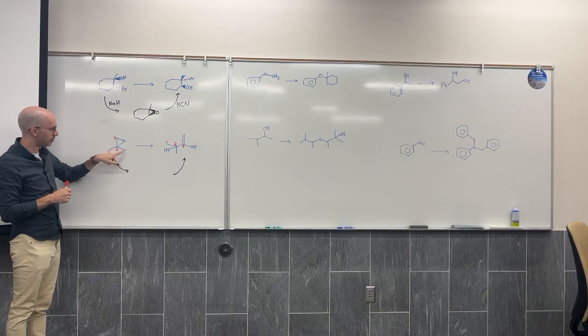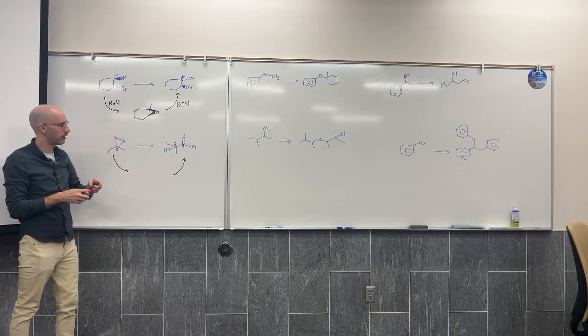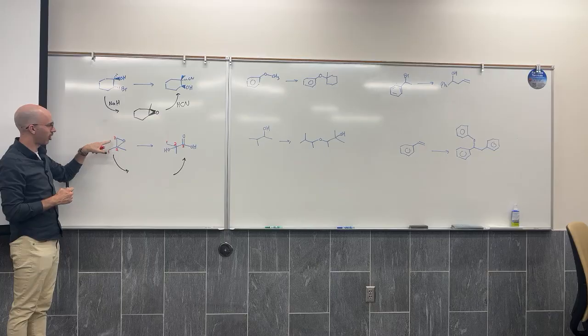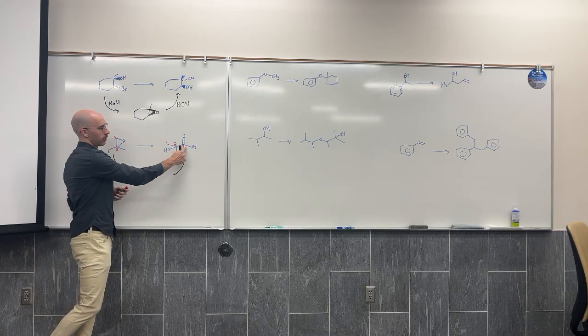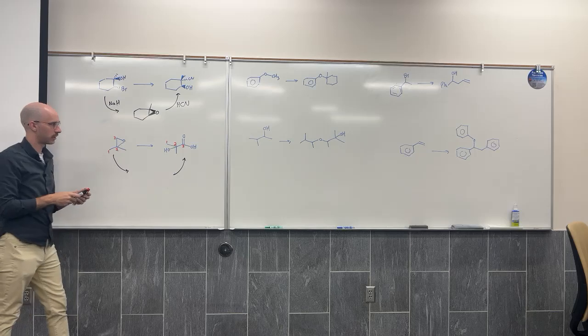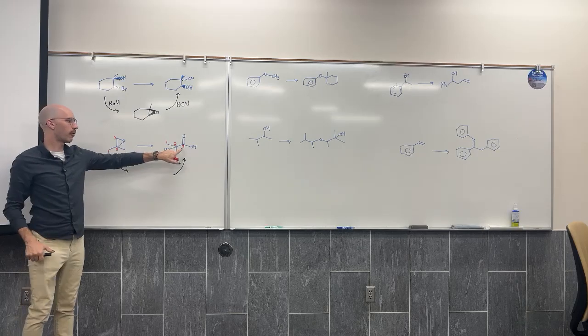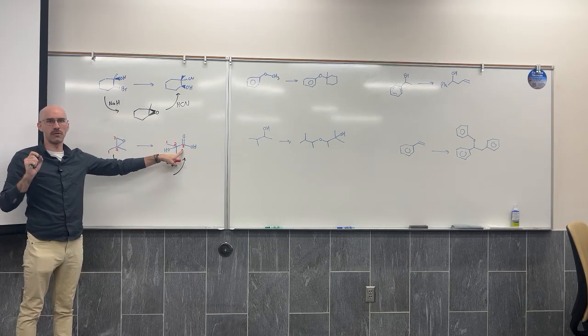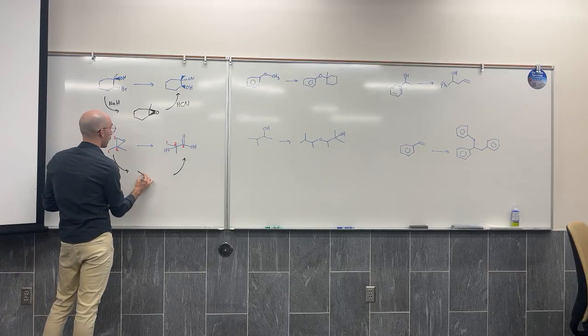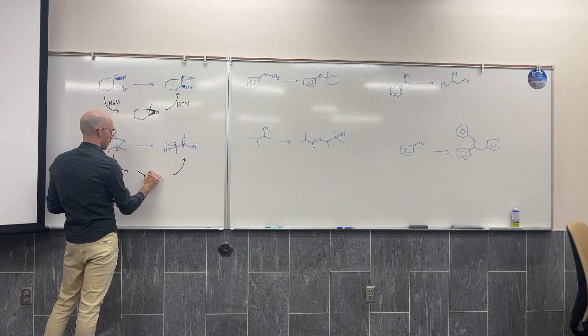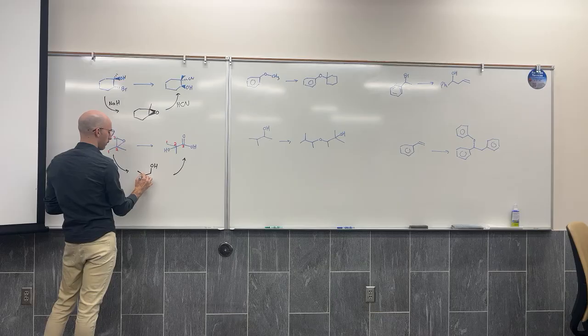Notice that carbon 2 has a methyl group coming off of it. So I think that carbons 2 and 3 of the epoxide have become carbons 2 and 3, the alcohol and the carboxylic acid. I don't know a way to get a carboxylic acid from an epoxide, but I do know how to get a carboxylic acid from an alcohol.